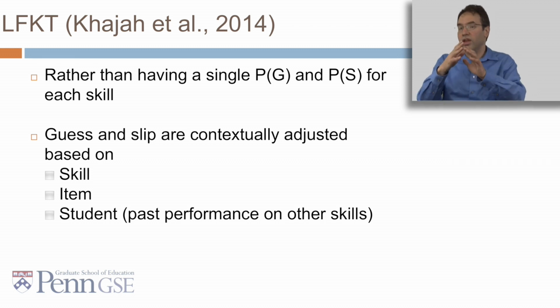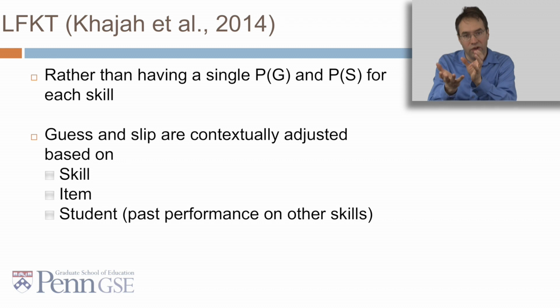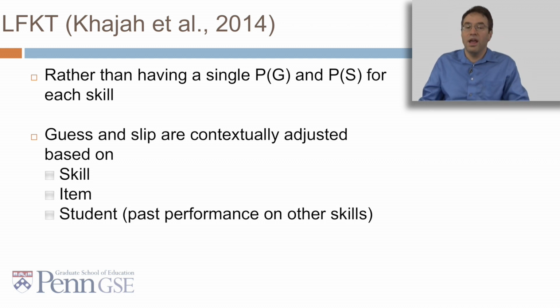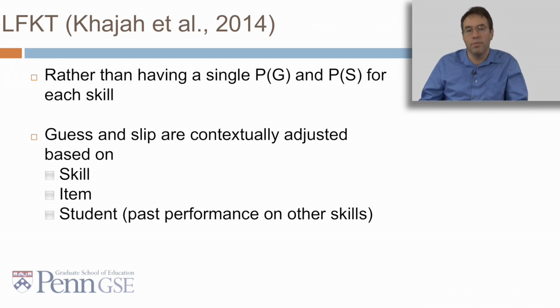So if you remember from the last lecture, Pardos's contextual estimation of L0, which averaged across previous skills, it uses that to estimate student-based changes to P of G and P of S, has skill-based levels for G and S, and item-based levels. It puts those all together to get a contextual guess and slip that nonetheless is far simpler than the contextual guess and slip in Baker, Corbin, and Aleven.